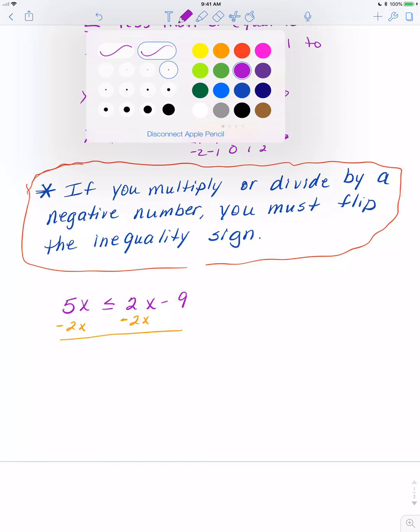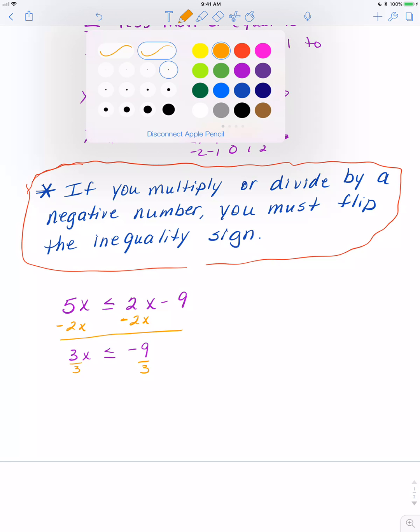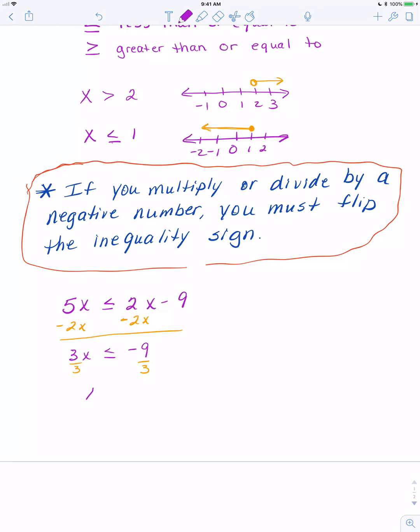And that leaves us with 3x is less than or equal to negative 9. Then we'll divide by 3 on both sides. And notice we're not dividing by a negative. So x is less than or equal to negative 9 divided by 3, which is negative 3.